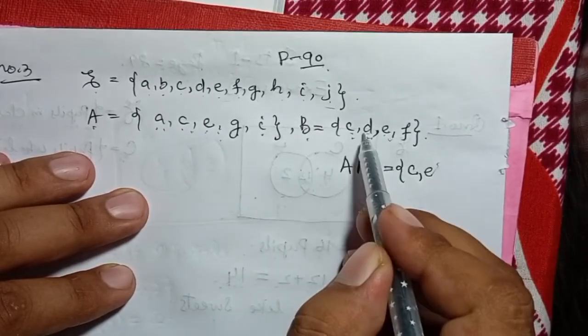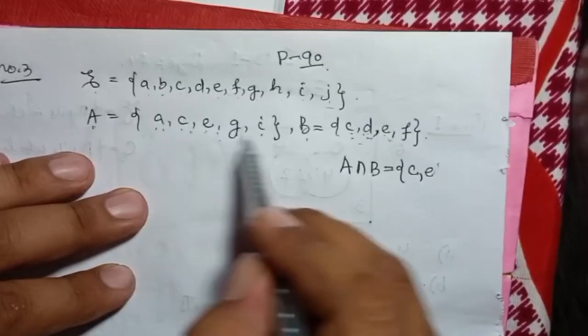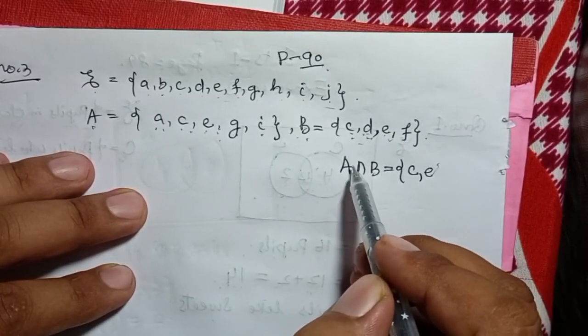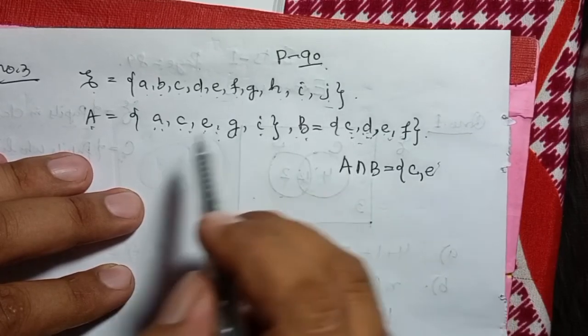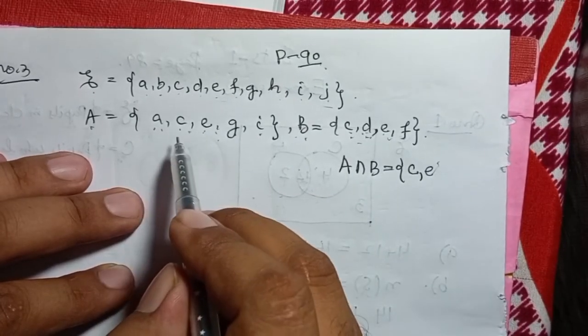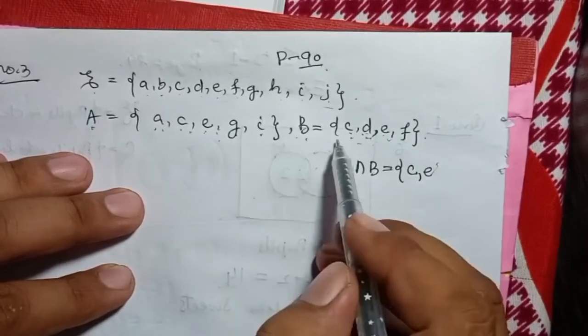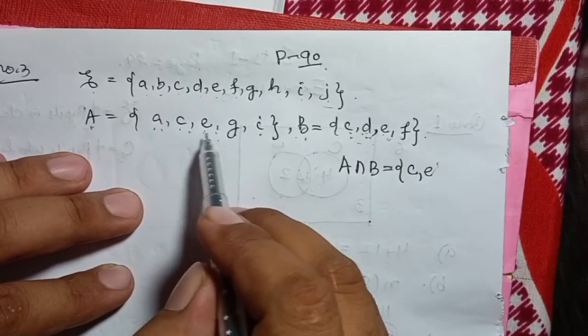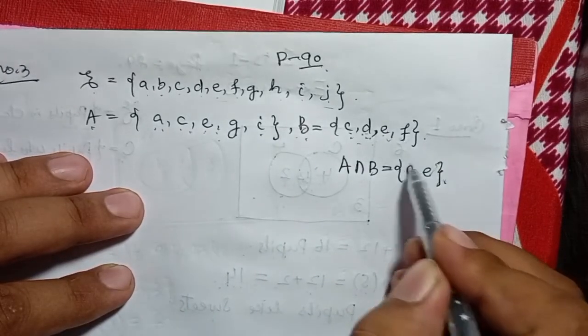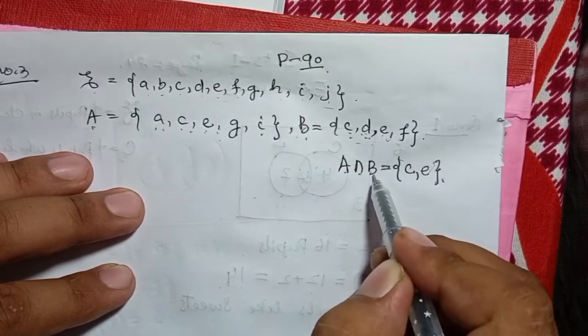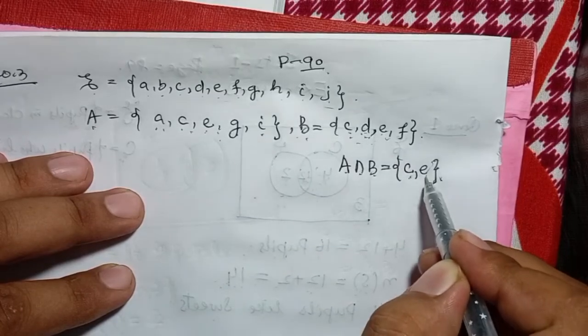I is not there. What am I writing? I am writing A intersection B. That means those elements which are present in both sets, set A and set B. We have only two elements, C and E, which are present in both the sets. So A intersection B is C and E.